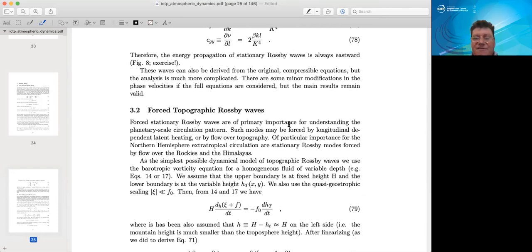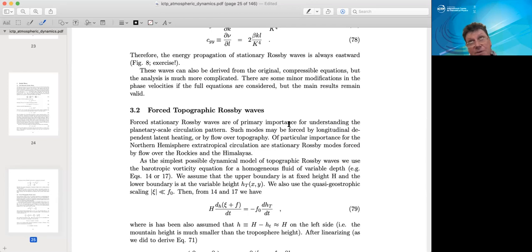This can become very relevant when we are looking at flow over very big mountains, like the Rocky Mountains or the Himalayas. Even the Alps that are close by here may pose an important obstacle for flow.